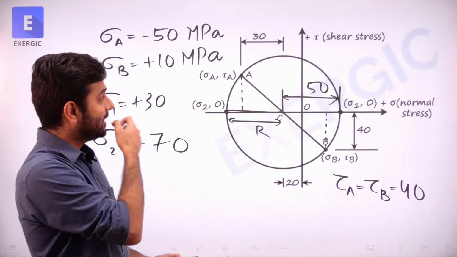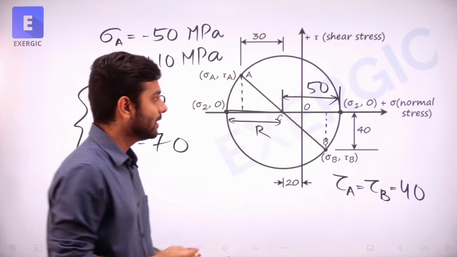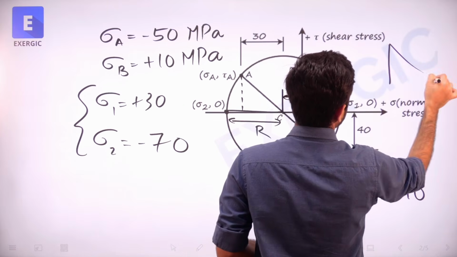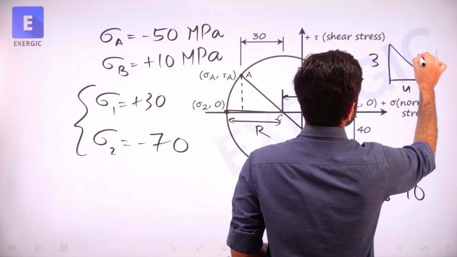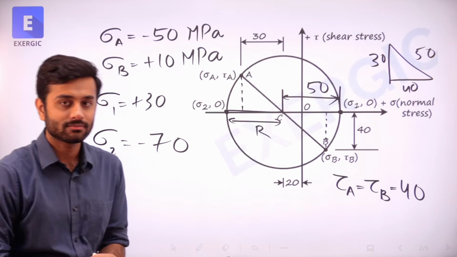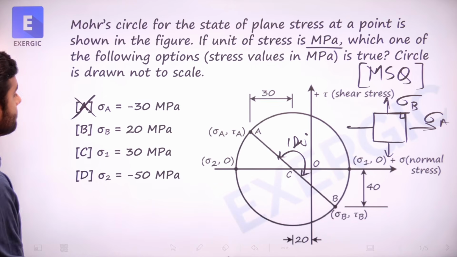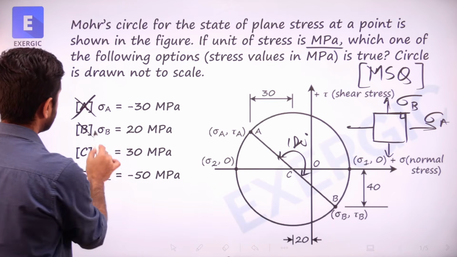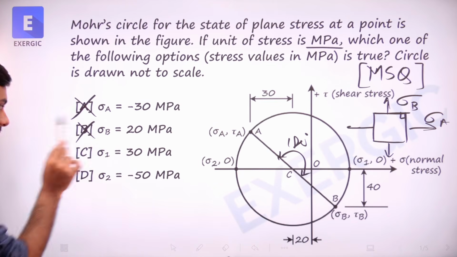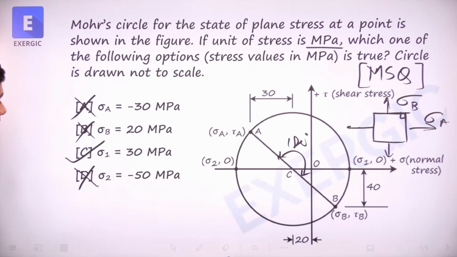And here, even the radius calculation you don't need to do, because it's a very common Pythagorean triplet, right? If this is 3, this is 4, this will be 5: 30, 40, 50. Correct? So in these options, sigma A, minus 50, is incorrect. Sigma B is also incorrect, it was 10. Sigma 1 is correct, 30. Sigma 2 is incorrect. So only option C is correct.